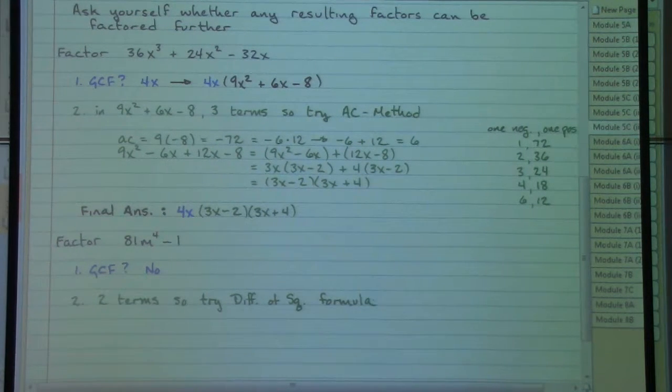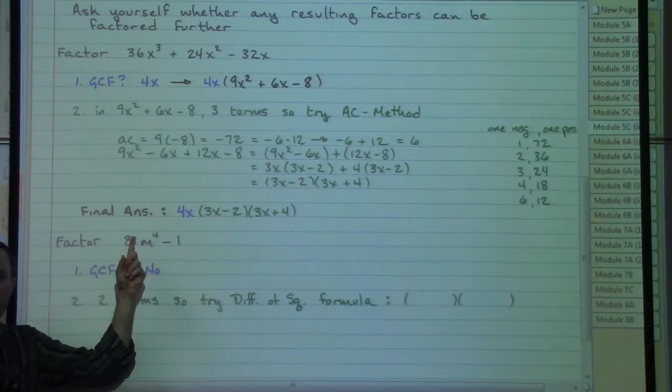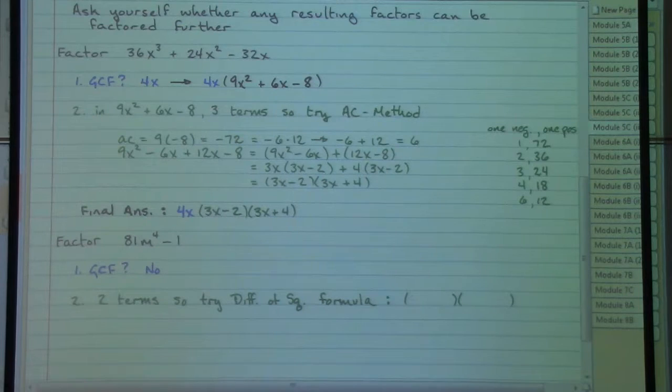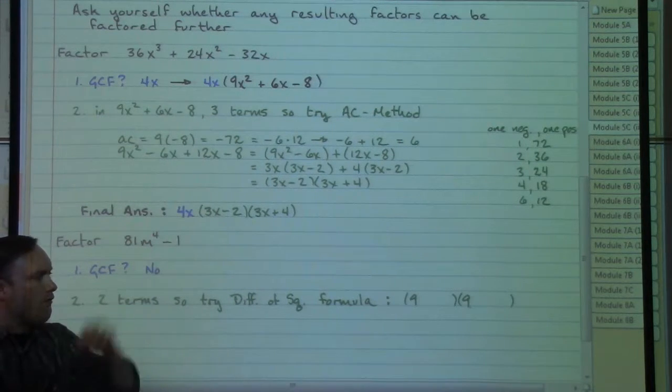which means that we are going to recognize first that we have a difference in the middle, and then move on to the squares part, so that we ask ourselves, what do we square to get 81? That's 9. What do we square in order to get the m to the power 4?